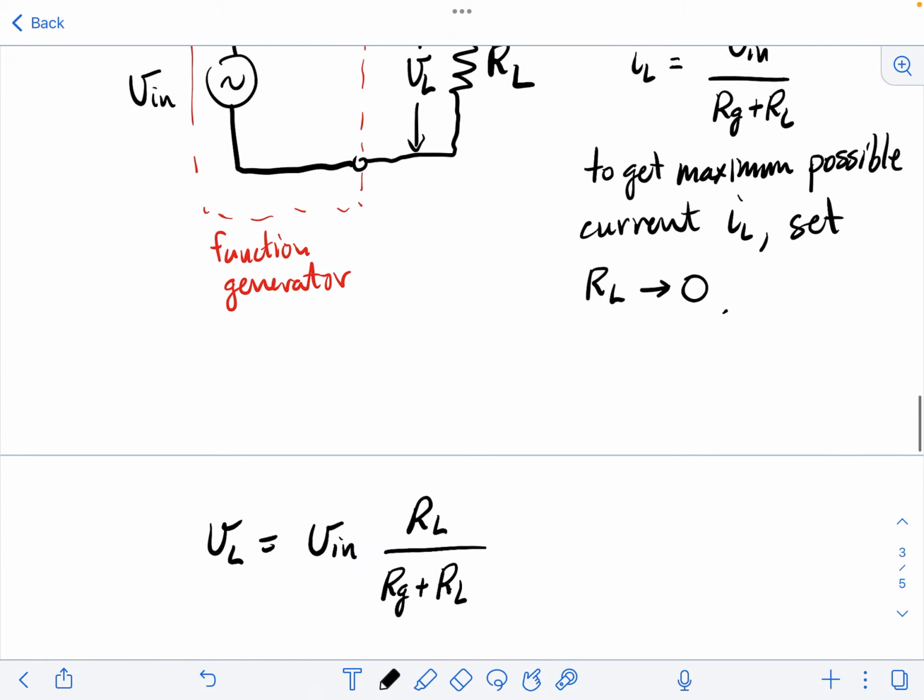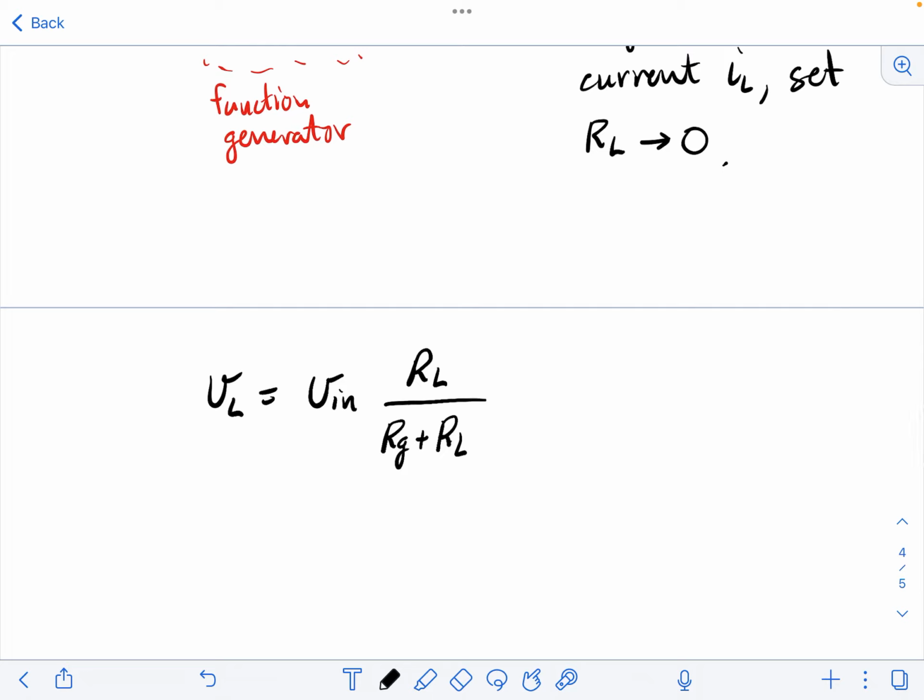Okay, so what do I need to do to make this VL as large as possible? This ratio in the brackets is always going to be a number less than 1 because it's RL divided by RL plus something. And so the best I could do is make that as close to 1 as possible.